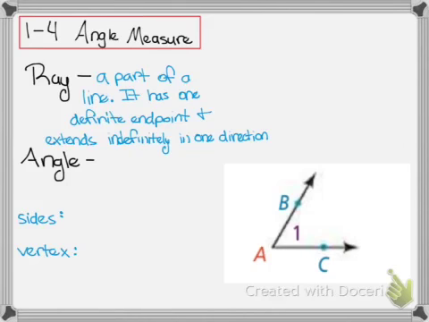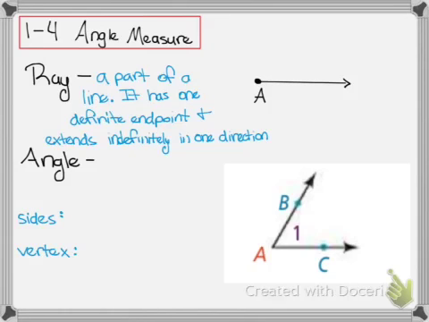Okay, so for instance, if I make an endpoint here, let's call it A, and then I extend that out in one direction, it doesn't matter what direction, forever, that is a ray.